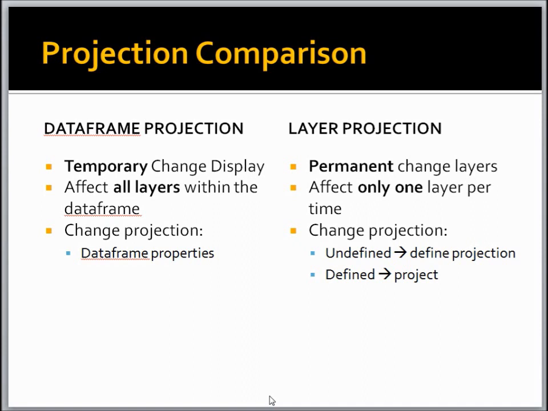For undefined layers, use the define projection tool from the ArcToolbox, or you can change the properties from ArcCatalog. For already defined layers, if you want to change the projection, use the project tool to do it. So there are some key concepts you need to learn and practice. Please follow the lab exercise before you start your assignment. Thank you.